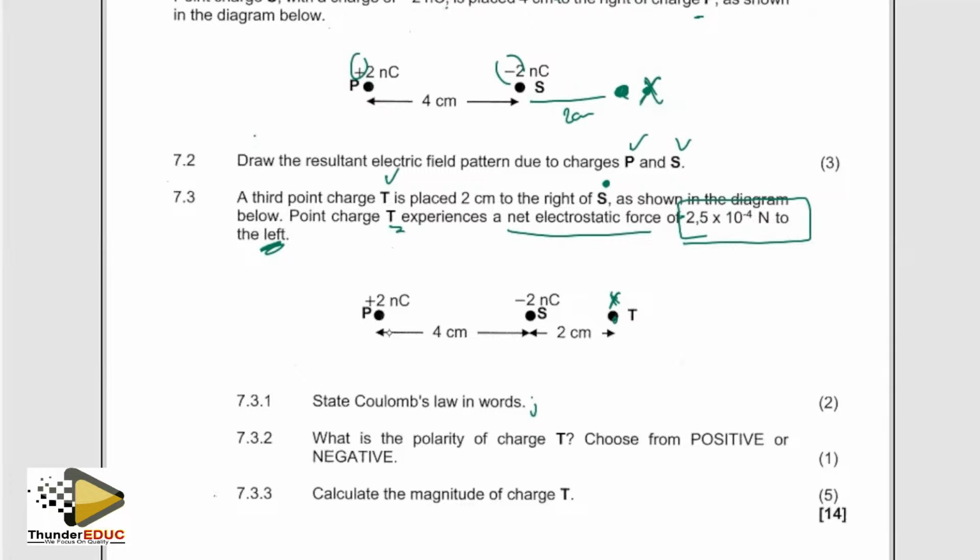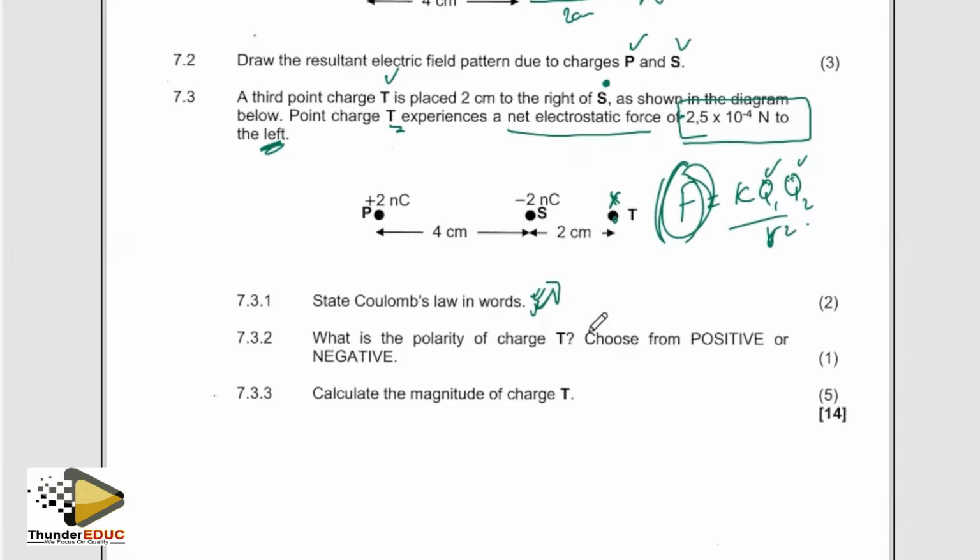So we know that with Coulomb's law, the force of attraction or repulsion that exists between 2 point charges is directly proportional, from the formula Q1 Q2 over R squared, to the product of the magnitudes of the charges and inversely proportional to the square of the distance between those charges, or the square of the distance apart.